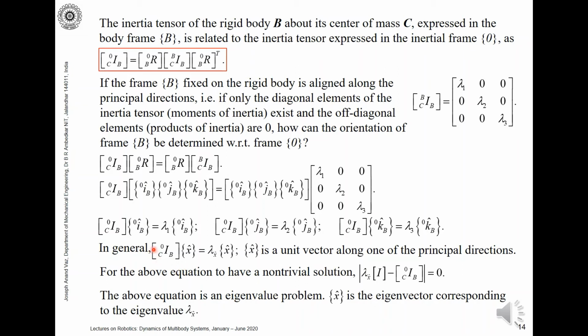The equation which we write here indicates an eigenvalue problem, and x cap is the eigenvector corresponding to the eigenvalue lambda x. So x cap is just a unit vector indicating the direction along which this occurs, and it corresponds to the eigenvalue lambda x.